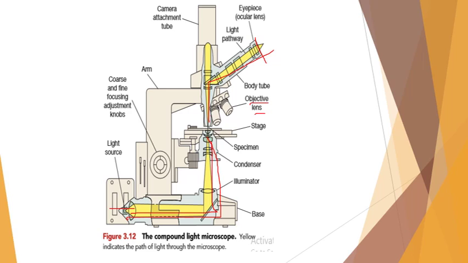These objective lenses then make a view, and it passes through the body tube, and from the eyepiece one can view the specimen with the eye.